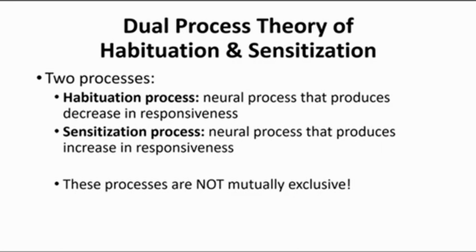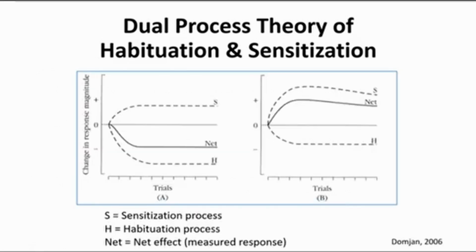So you can still have a sensitization process ongoing, even if we're seeing habituation overall. So the processes are going to add together to produce an overall effect, but the processes don't directly lead to the effect, if that makes a little bit of sense there. And we're going to walk through some examples, so hopefully it should get clearer as we go on.